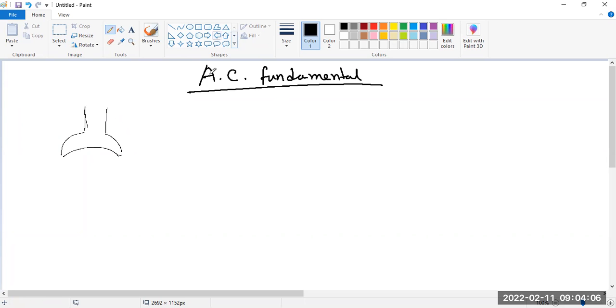You know, this is the pole shoe, and this is the total pole.